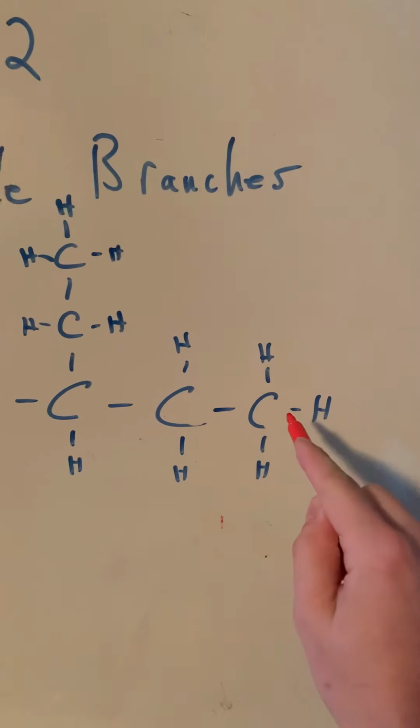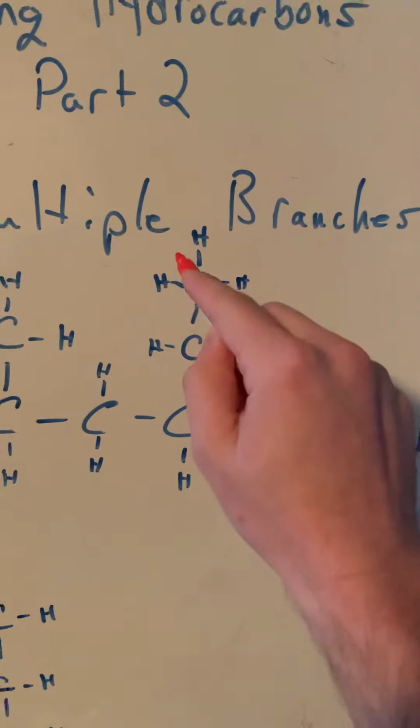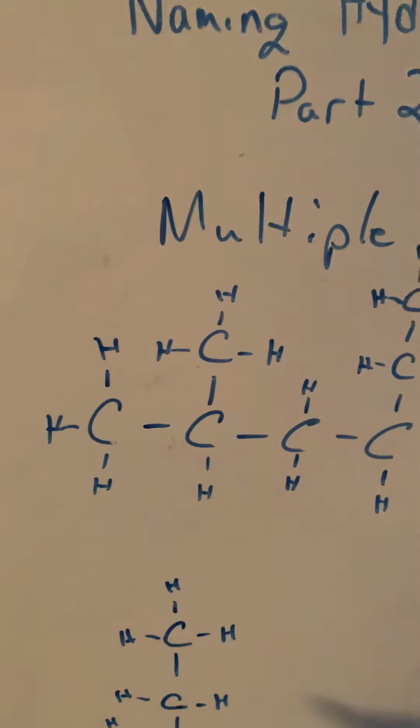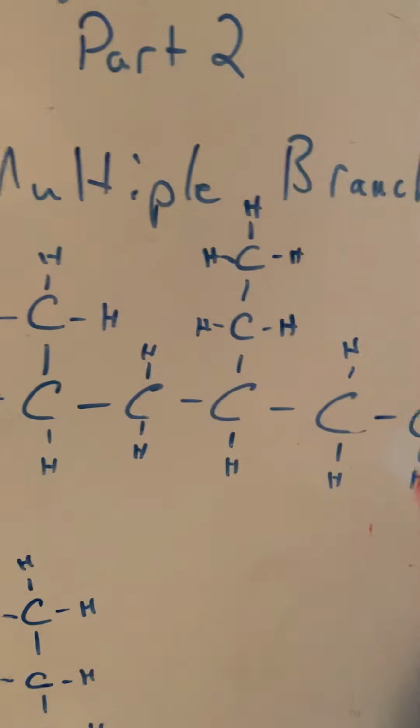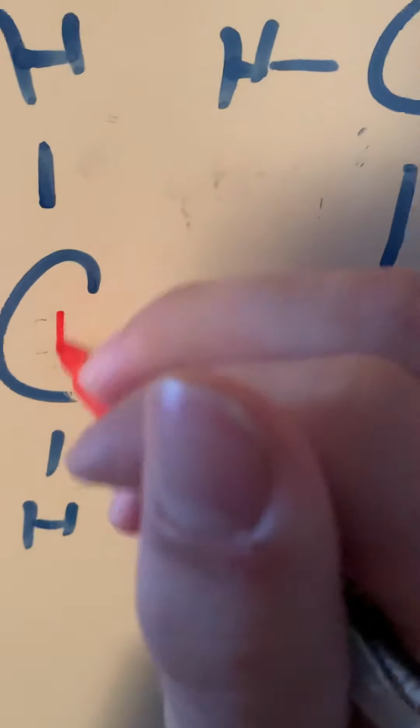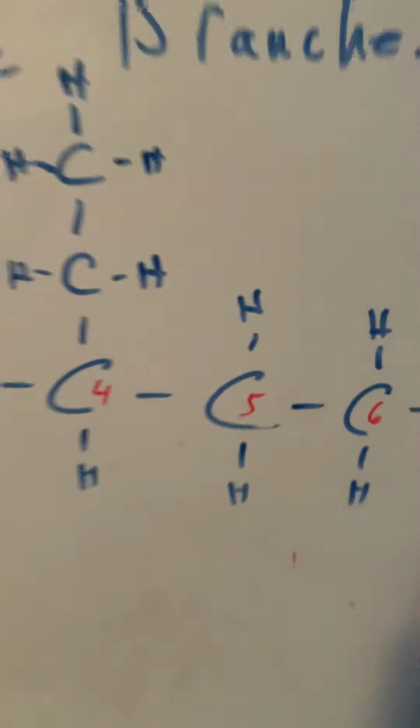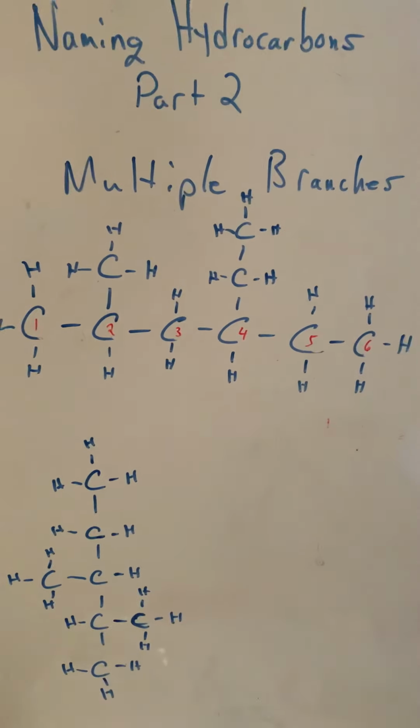So I could either have 1, 2, 3 and have a branch off of that, or 1, 2. So I'm going to start my counting of carbons this way. So I have carbon 1, 2, 3, 4, 5, and 6. So you can see that's how my carbons are lined up.